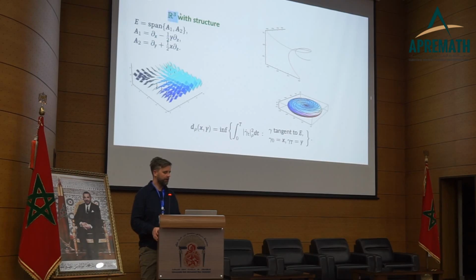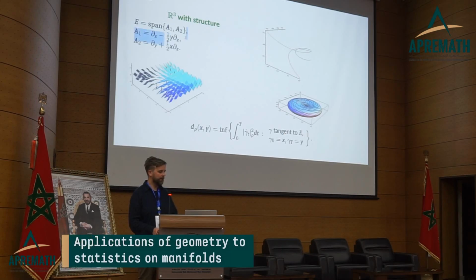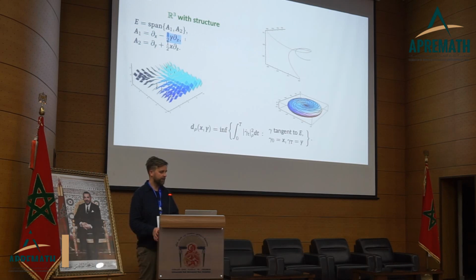So take R3, and the permitted directions are given, so I have directions dx, dy, and dz, but I'm not allowed to move just up or down. But if I move in the x direction, I am allowed to also move a bit in the z direction according to the choice of coordinate y.